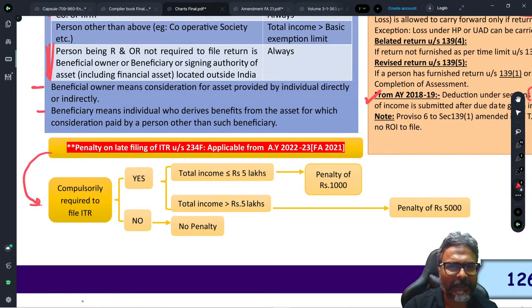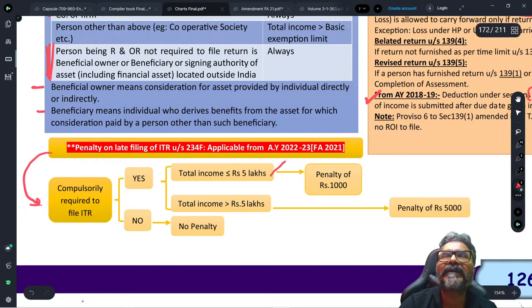Students, for those persons who are obligated to file the ROI, if they have not filed the return of income within the due date of section 139(1), then the amount of penalty would be either rupees 1,000 or rupees 5,000, as the case may be.